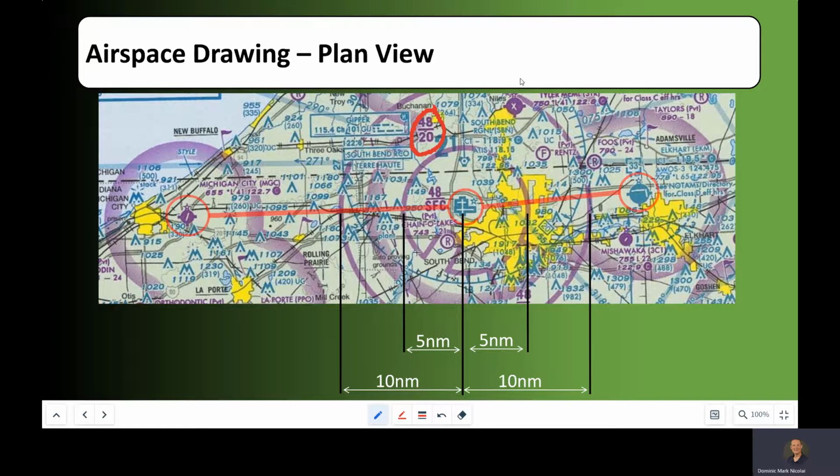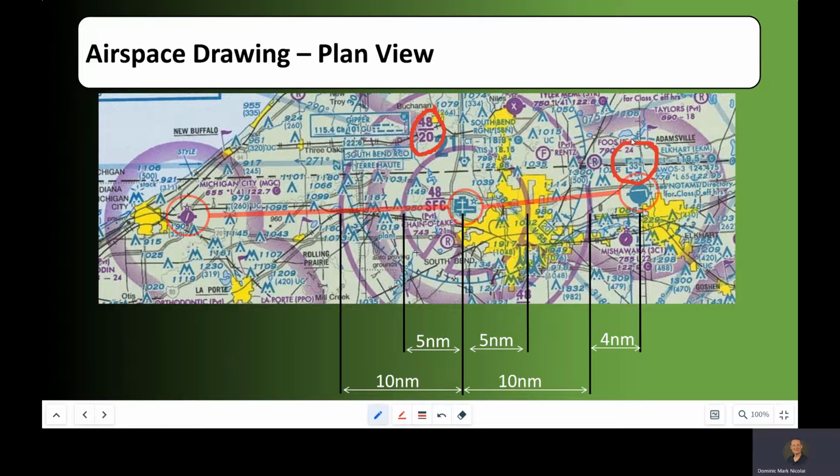drawing it out. Over at Elkhart, we measure the distance from the airport to the dashed blue. We're looking at 4 nautical miles. And then we do see that it goes up to 3,300 feet here. And then we've got some magenta areas around those airports to think about.